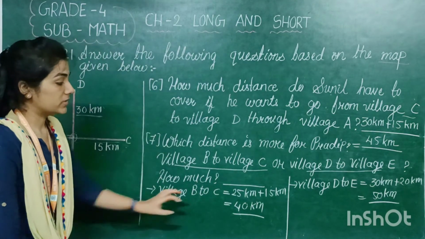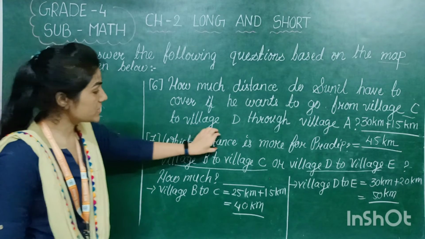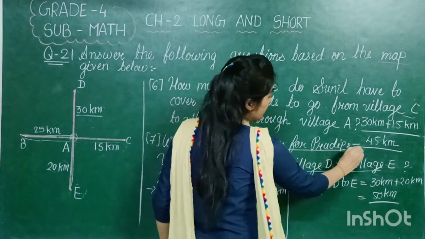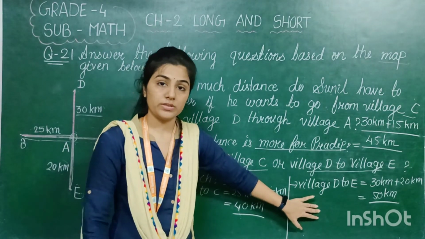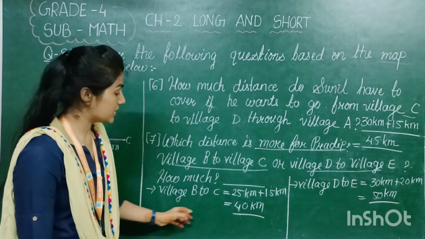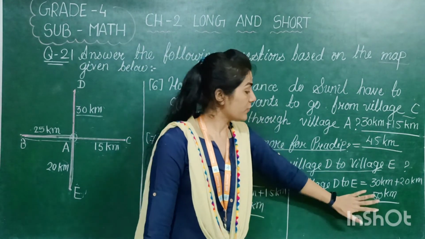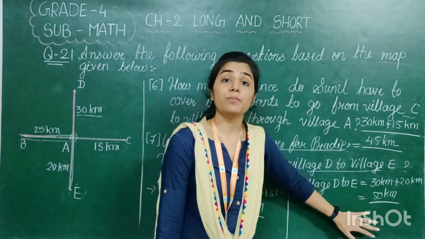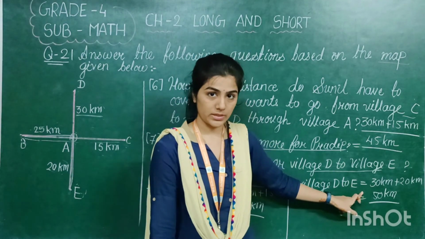Understand? Now this is not our final answer. What we have to find is which distance is more for Pradeep, this or this, which we have already found. So obviously this is 40 kilometers and this is 50 kilometers. So 50 kilometers is more for Pradeep, between D to E, right?